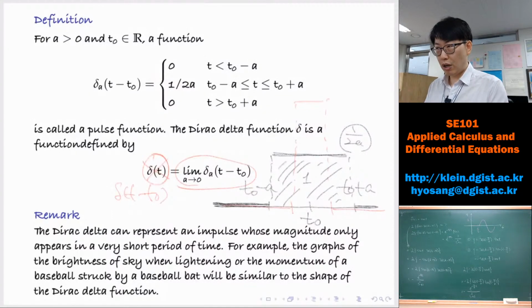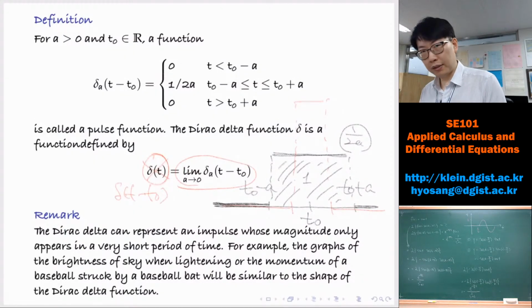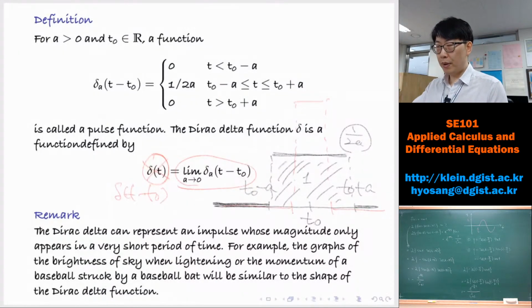So what I'm trying to do is get this situation in one simple graph as delta t, where t0 is the moment when the bat is hitting the ball, and t0 minus a to t0 plus a is somewhat in between that moment, where the transfer of energy from the bat to the ball is happening.